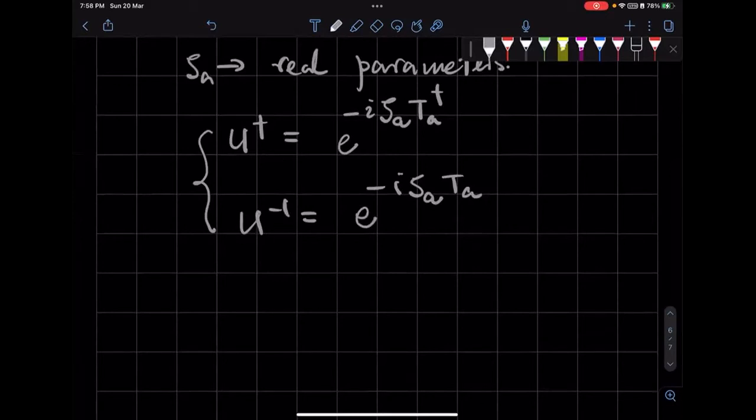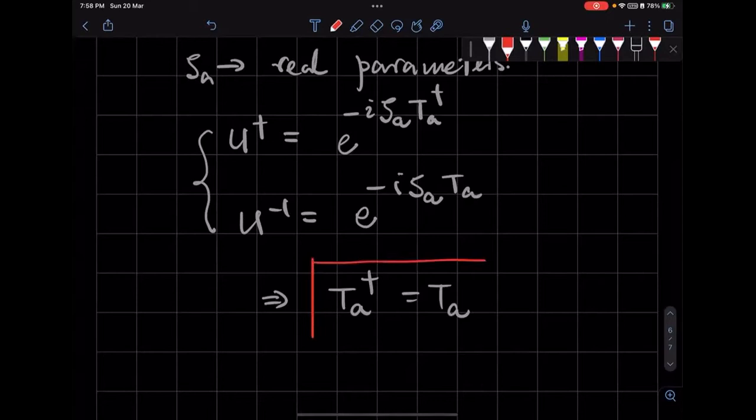And therefore, we see that T A, the generators, must be Hermitian. This is one of the important properties of the SUN matrices.